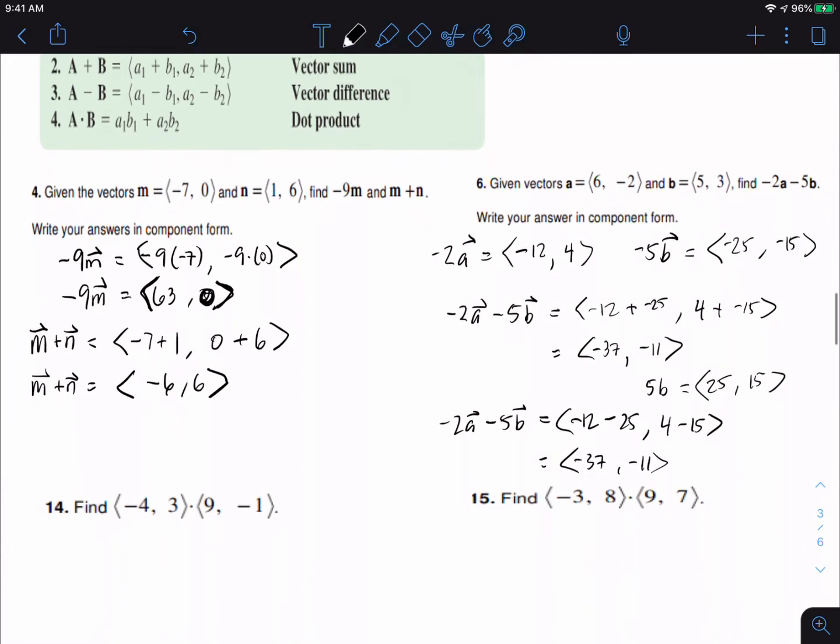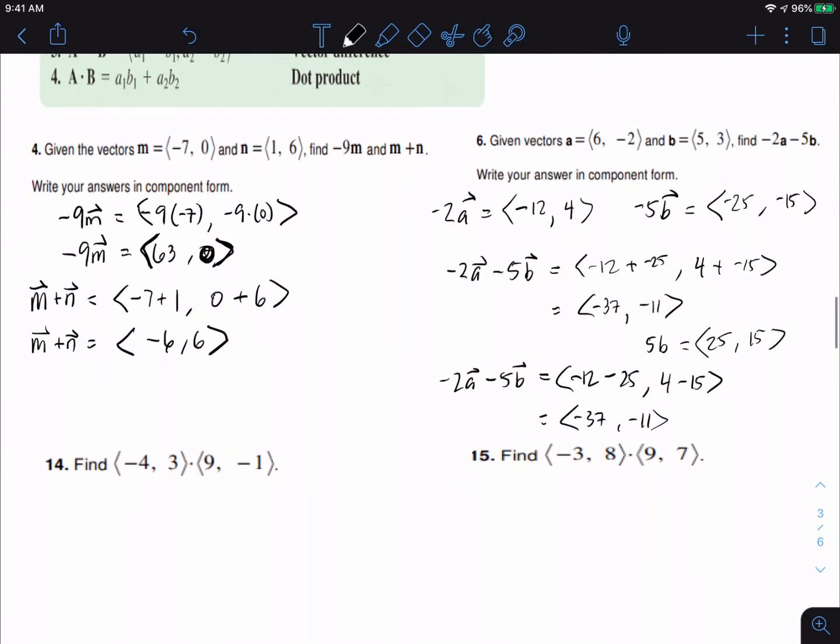All right, let me do this one with the dot product. Now the dot product is right here. What it's telling me is to take the V1 components and multiply them, and then take the V sub 2 components and multiply them.